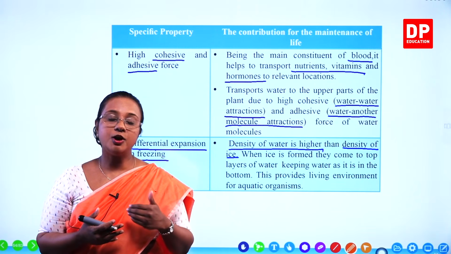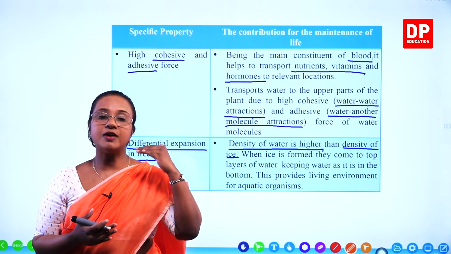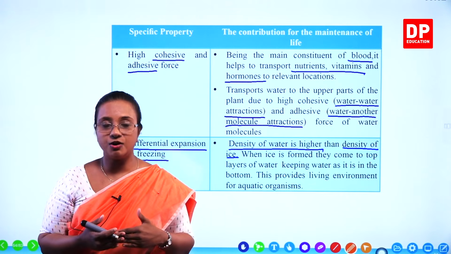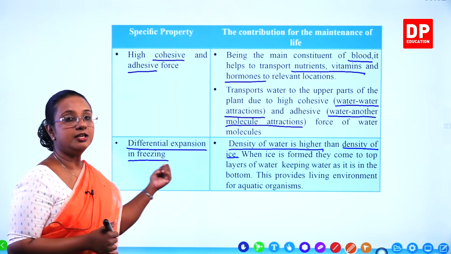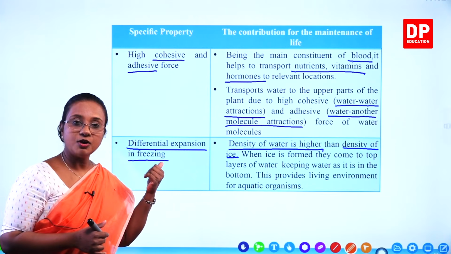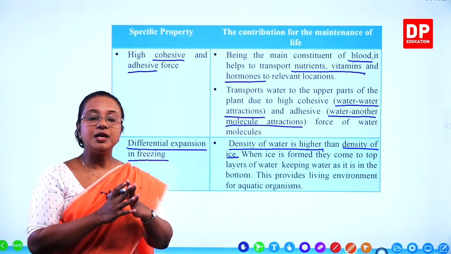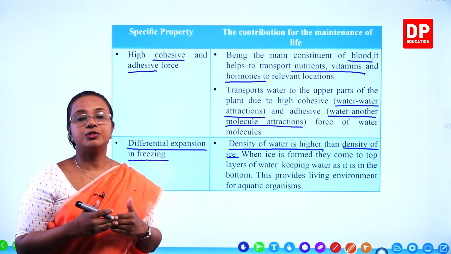And this property of water, where the density of ice is less than the density of water, is called differential expansion in freezing. The density of ice becomes less because it expands more than water.